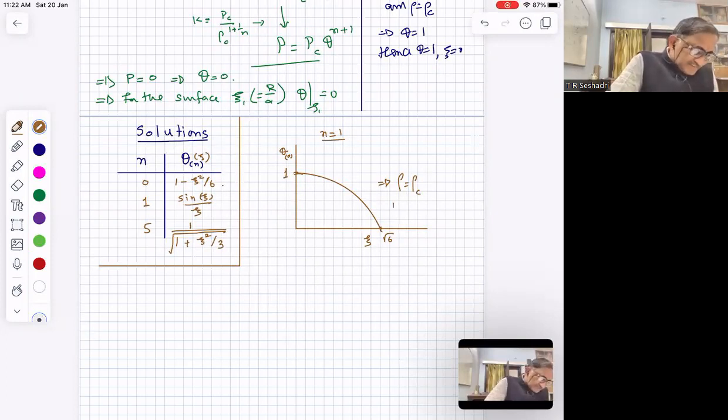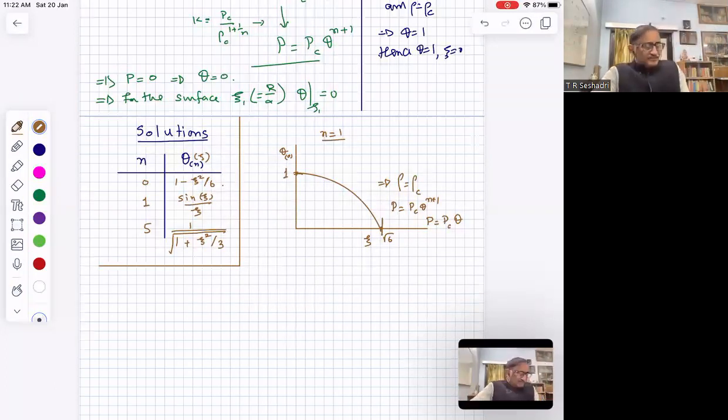However, since pressure is equal to Pc theta to the power n plus 1, you have pressure going as Pc theta. So the pressure starts with some central pressure here and drops down to 0 pressure, and that is what is defined as the radius of the star of the system. Is the logic clear? How you are fixing the radius of the system?